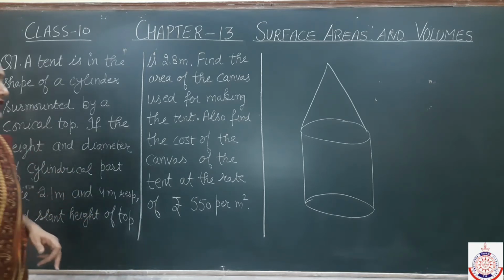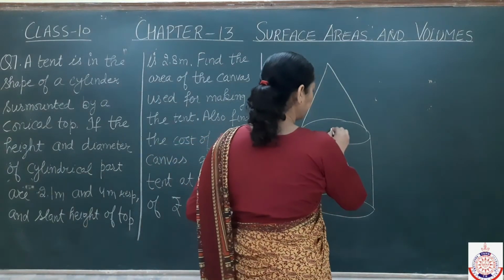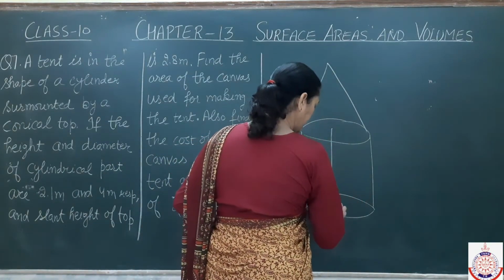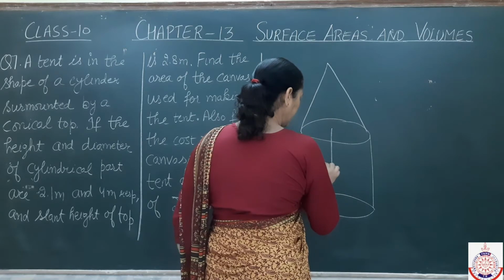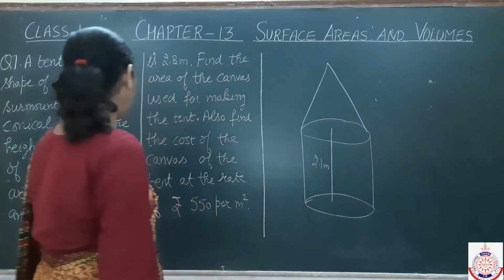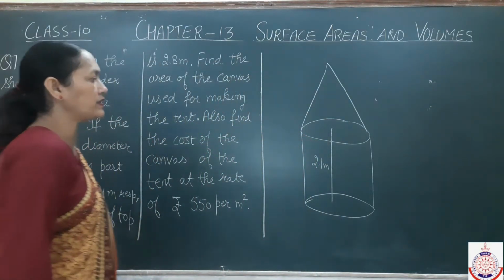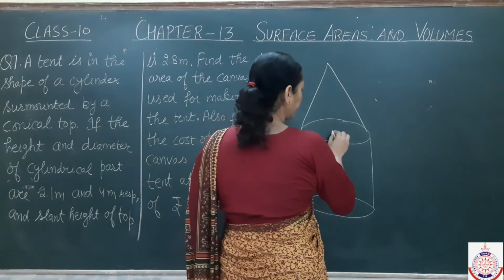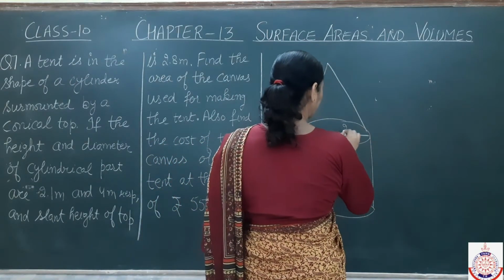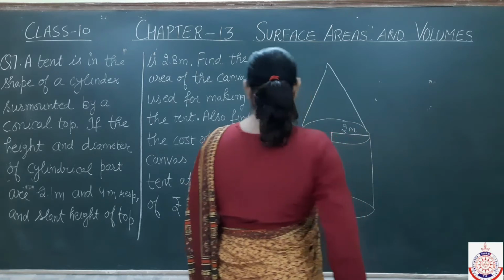The height of the cylindrical part is 2.1 meter and the diameter is 4 meter, which means the radius will be 2 meter.